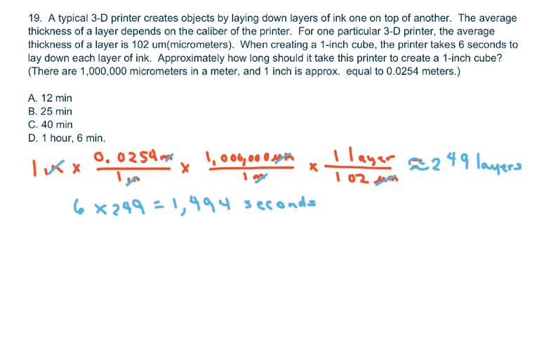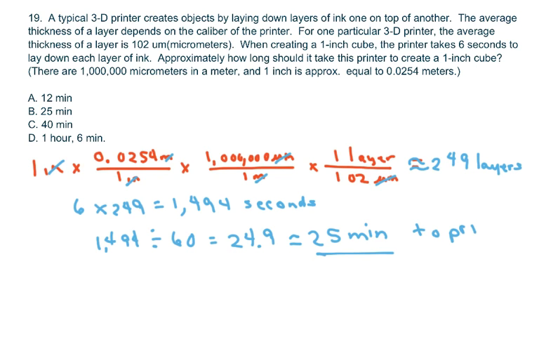There's 60 seconds in a minute, so we take 1494 divided by 60, which gives us 24.9, approximately 25 minutes to print the cube. That wasn't too bad. So the answer is B.